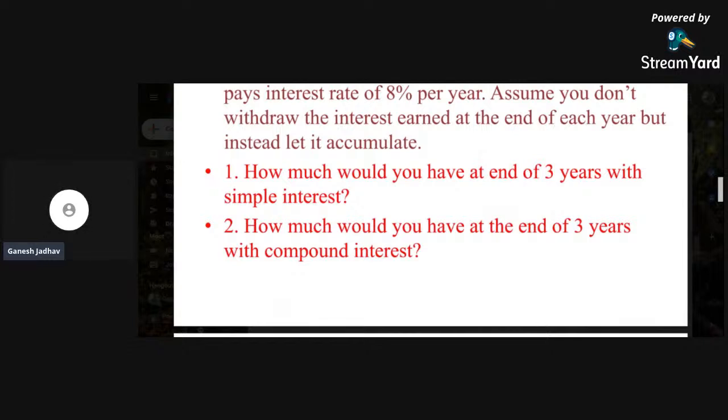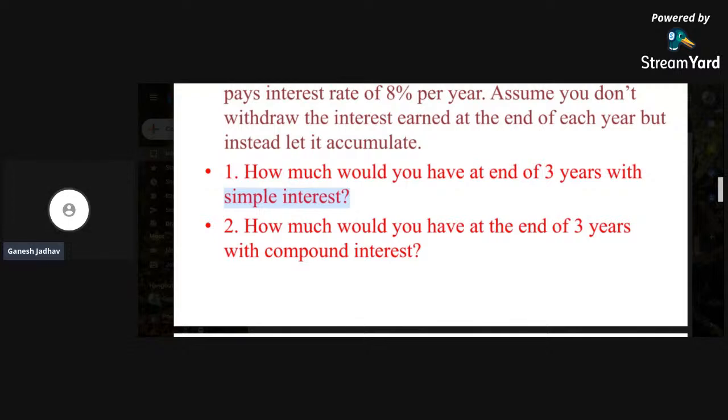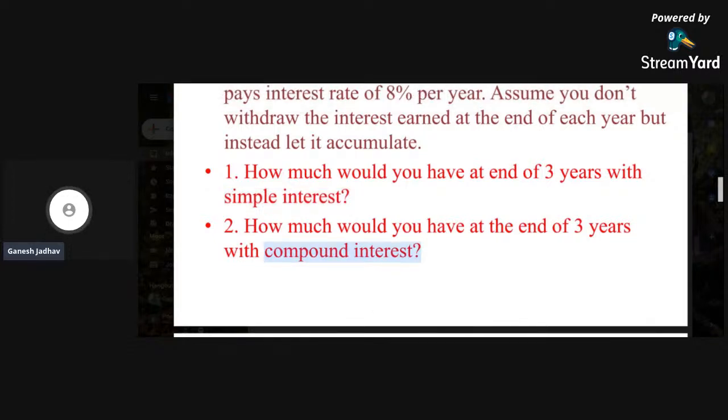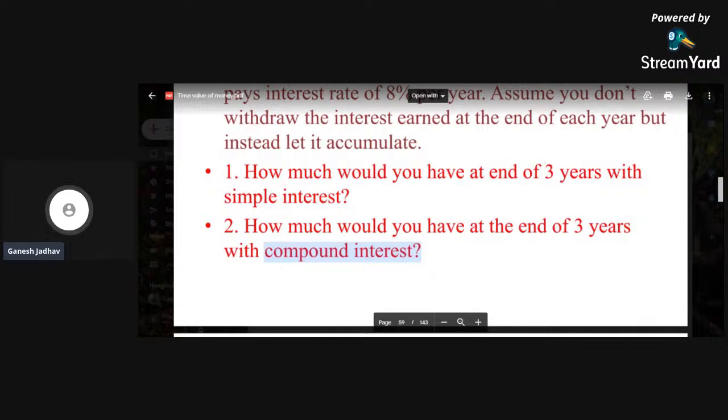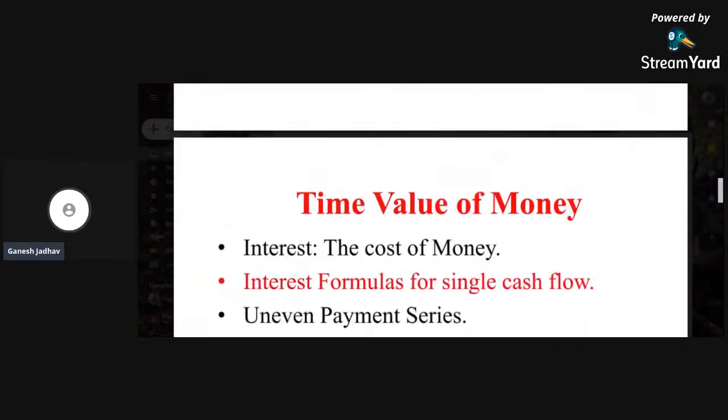They ask how much you would have at the end of 3 years with simple interest, and how much at the end of 3 years with compound interest. You can use the formula of simple interest and the formula of compound interest to solve this example. But the final answers are not equal, because one is simple interest and the other is compound interest.